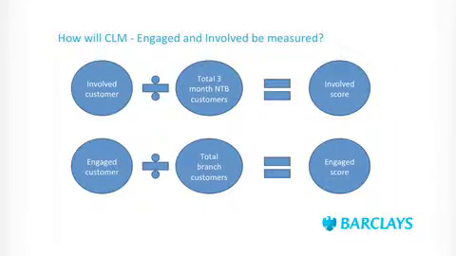So the CLM team currently has 2 functions. We have the relationship deepening team sitting at Bishop's Gate, and we also have the cross-sell team, which is working on the additional solution part of the CLM involved and engaged level.